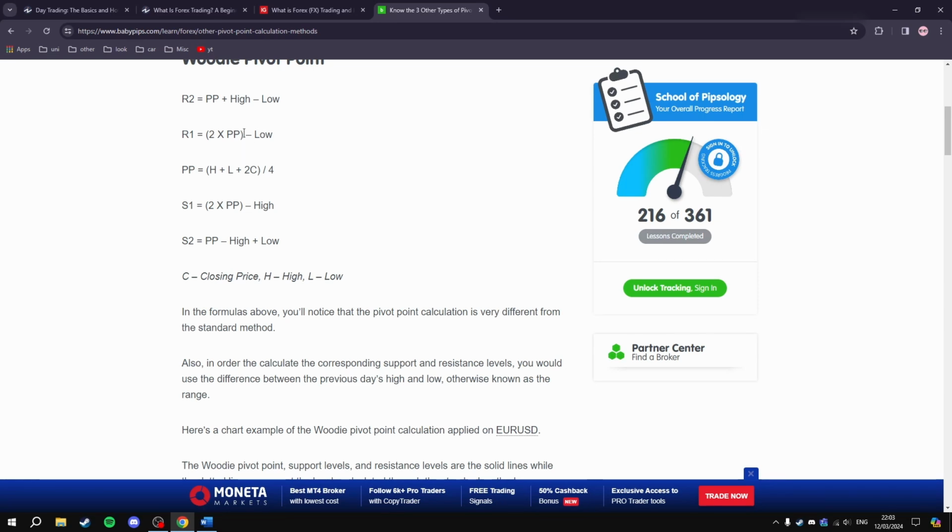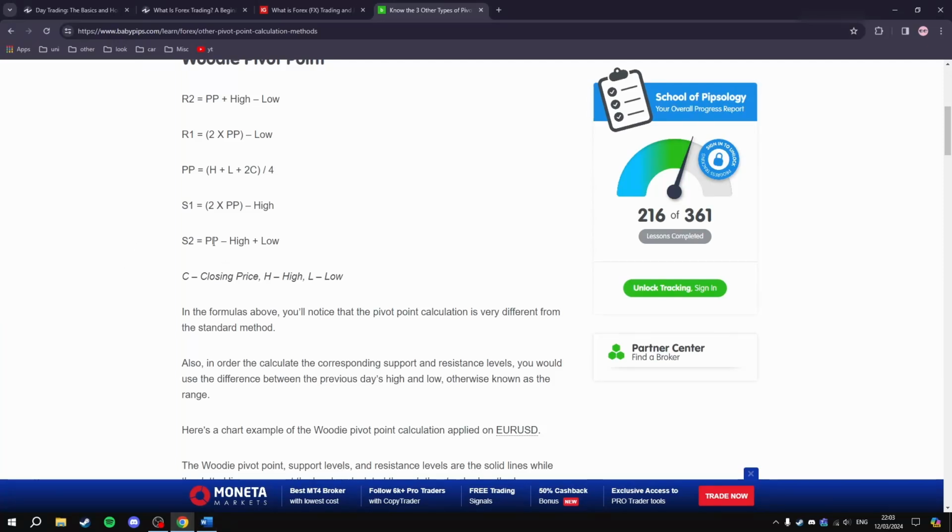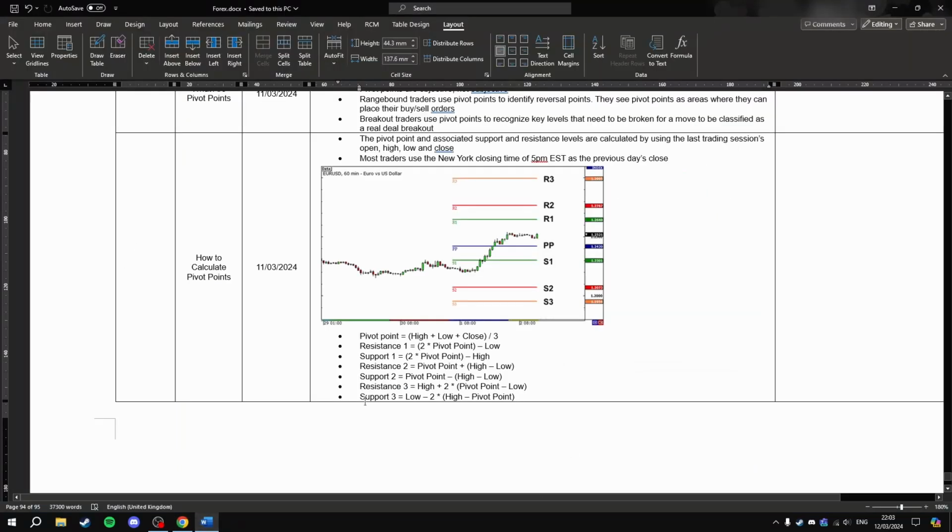High minus low, high plus low. Pivot point minus high minus low, support 2, minus high plus low.